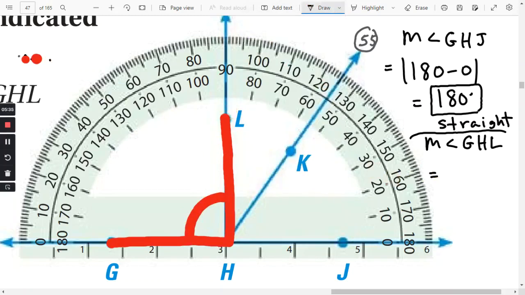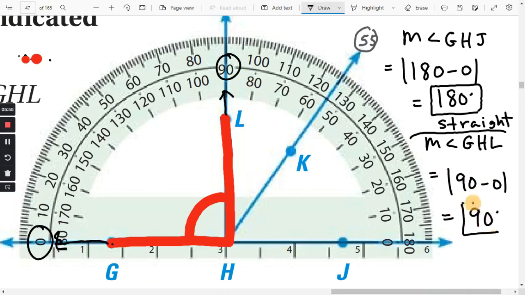All right, so the one for L, that's right here, that's 90. And the one on top over here is 0. Okay, so that's just 90 minus 0. And since we put the bigger number first, the absolute value is unnecessary. That is just 90 degrees. And we know that 90 degrees is a right angle.